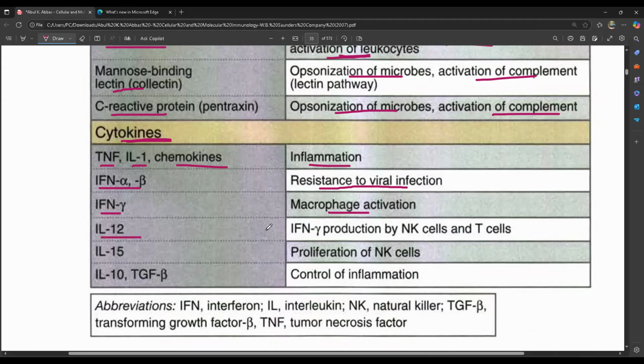Interleukin 12 helps in the production of interferon gamma by natural killer cells and T cells. Interleukin 15 helps in the proliferation of natural killer cells, and interleukin 10 and tumor growth factor beta control inflammation.